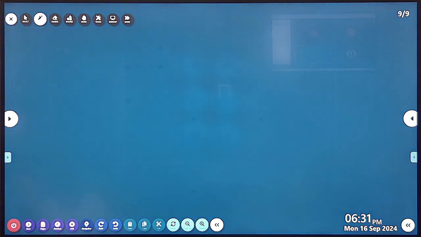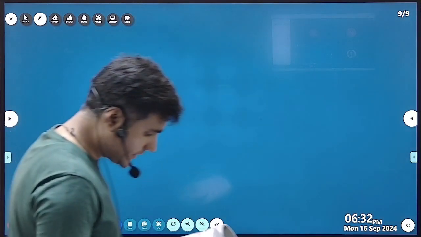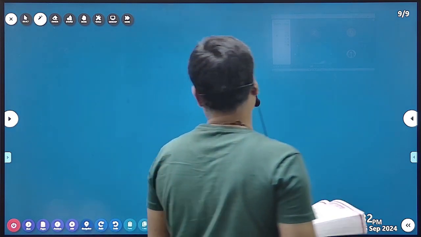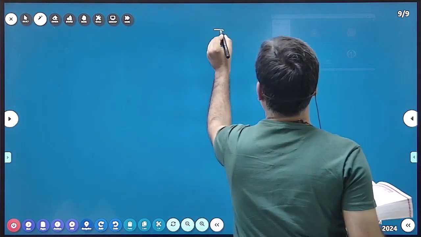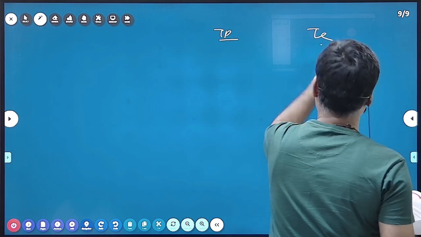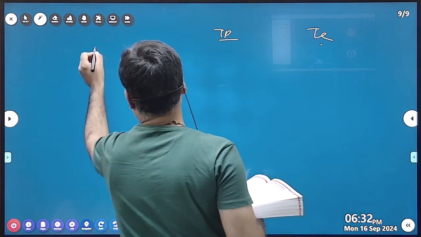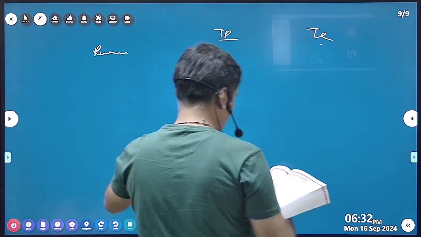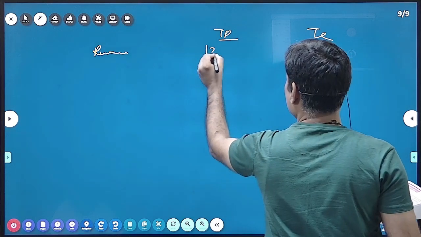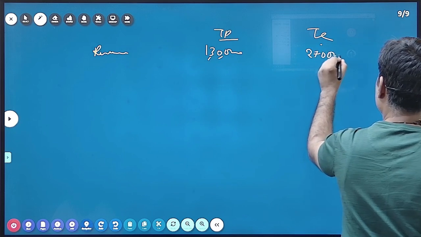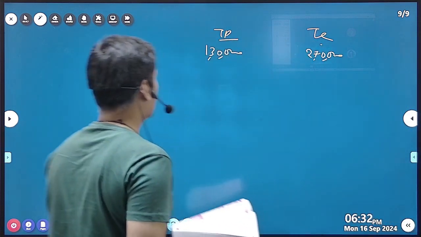So we will go to part B. The question: recompute the income using direct labor hours as the only basis of allocation. 1300 hours for TP and 2700 hours for TC. So our revenue is 1,30,000 and 2,70,000.